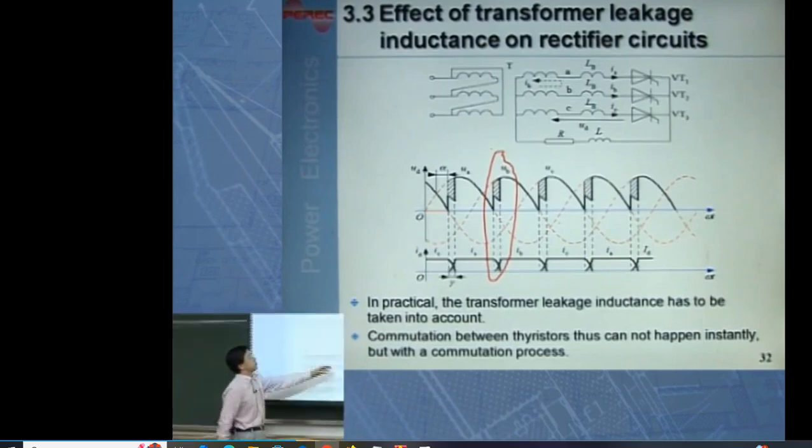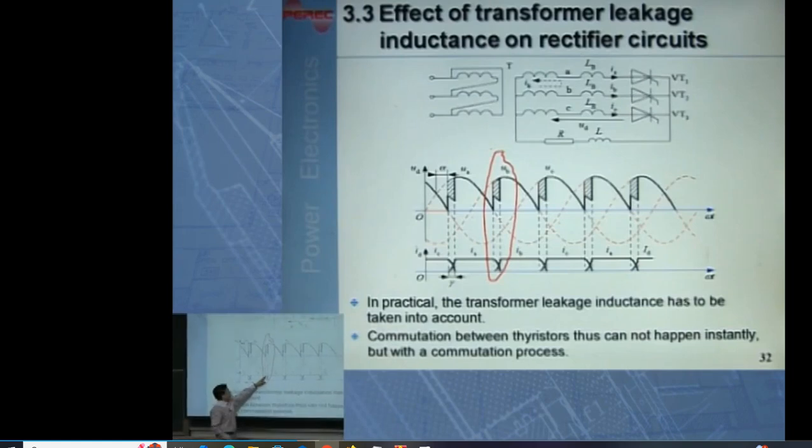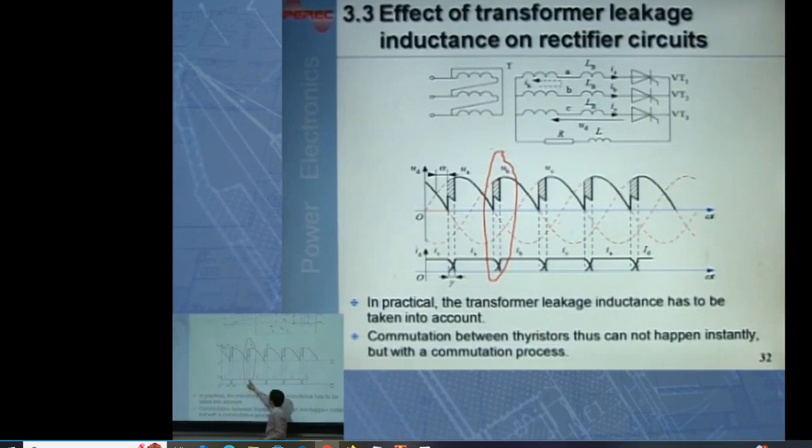Originally, when you trigger VT2 at this instant, VT2 will conduct, the current flowing through VT2 will change from 0 instantly to ID, and the previously conducting current IA flowing through VT1 will instantly change from ID to 0 at this instant. But now this won't happen instantly. There is a process.